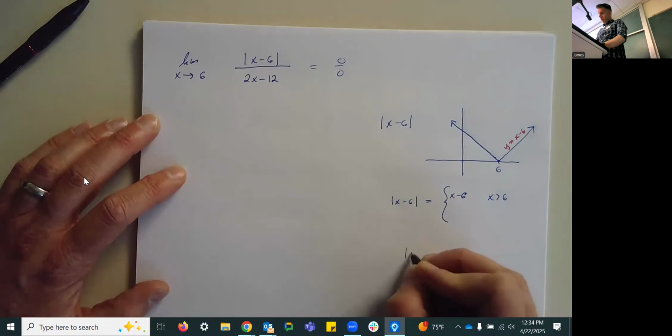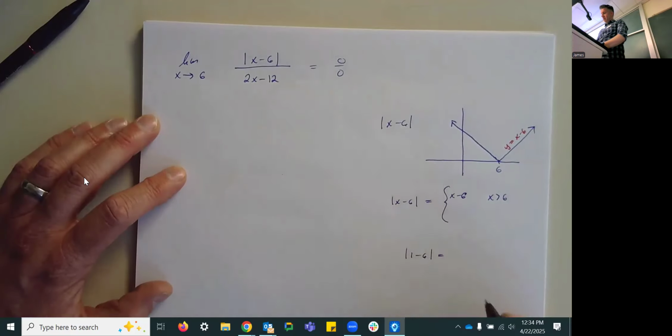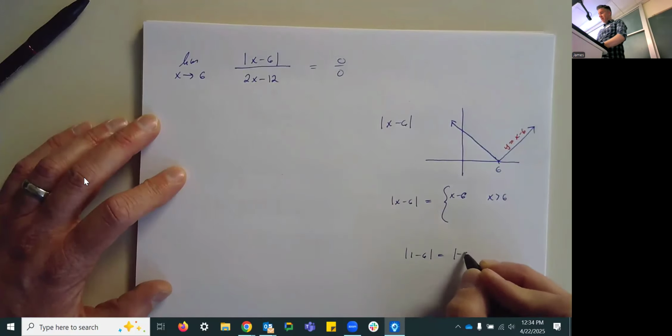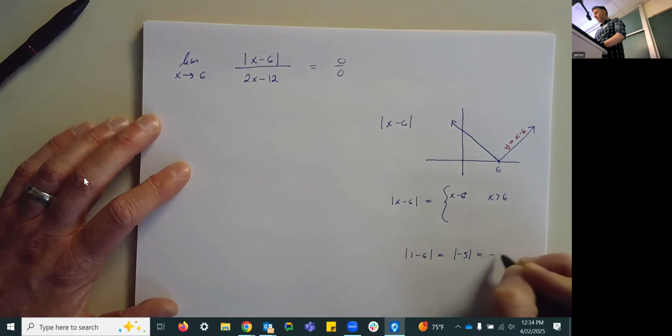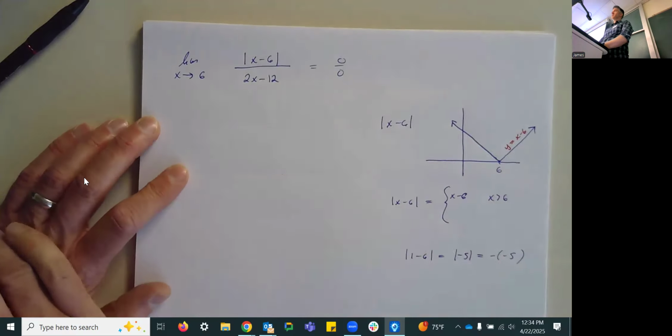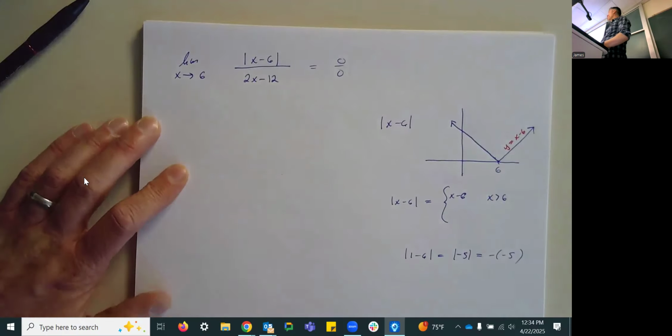The absolute value of 1 minus 6 is the absolute value of negative 5, which is equal to 5. Right, but that's how you turn a negative into a positive, you multiply by negative 1.